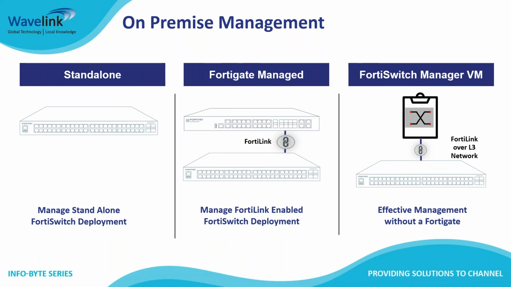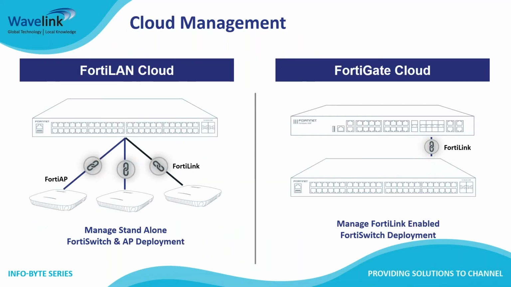The idea is this VM will help you manage up to 2,500 switches in any network, right? So you get this appliance as a virtual machine, and then you have to purchase a license, which depends on the number of switches that you're going to manage. And then when it comes to cloud management, we have very clear two options.